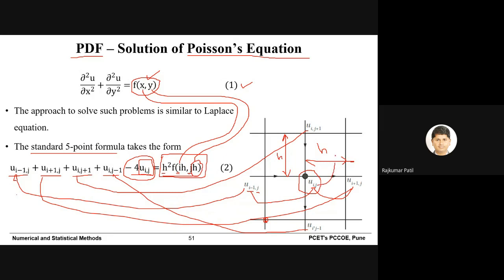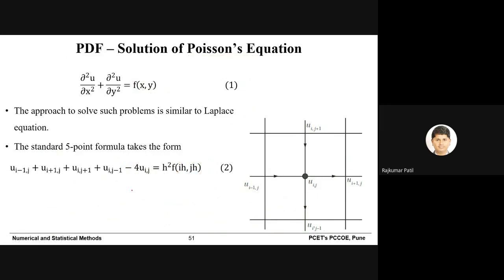Similarly, you can see here i(j+1) and the previous point i(j-1). Why am I explaining this once again? Because while solving this type of problem, you should not get confused between such terminologies. So this is the modified equation for the standard 5-point formula that we take in case of Poisson's equation.